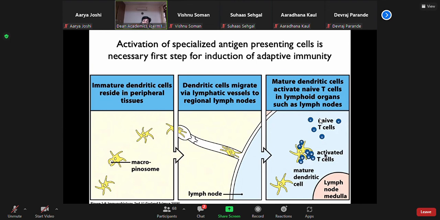Now, you can also induce B cells, right? For initial induction of B cells, you don't require the activity of APCs, because the antigen unprocessed can be sensed by the specific receptor present on the surface of these B cells. Now, how do these antigens enter the lymph node?